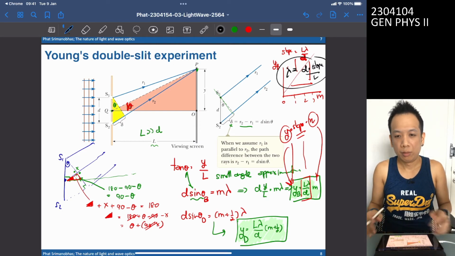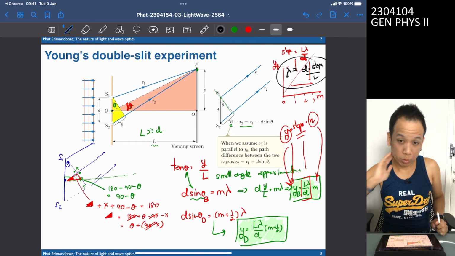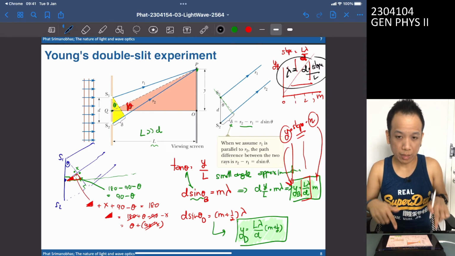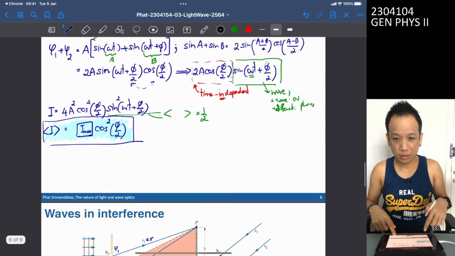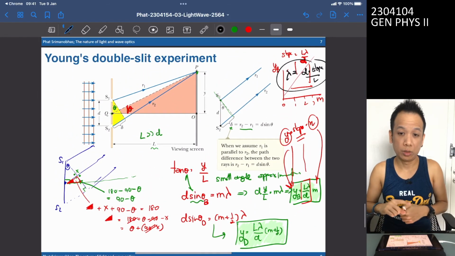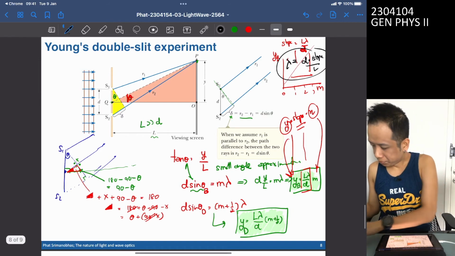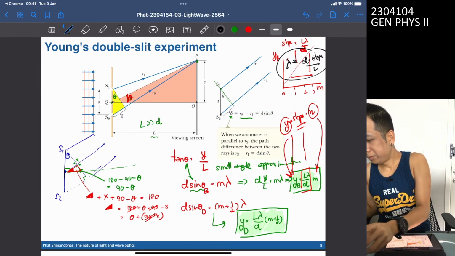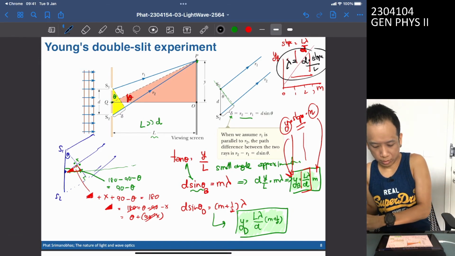If you read the book, the book will start from this one and go back in this direction. I'm just doing it in the opposite way. Great, so now you can measure the wavelength of the light.